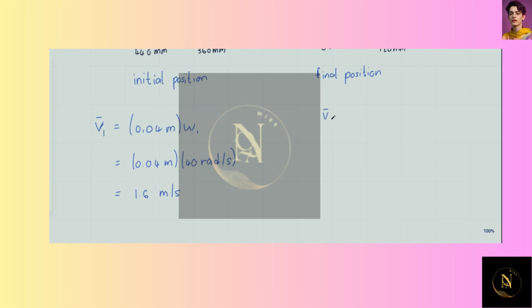For the final position, the linear speed of the mass center is equal to 0.28 meters, which is 280 millimeters, multiplied by omega 2. Omega 2 is the angular velocity we wish to calculate, so the final angular velocity of the system.